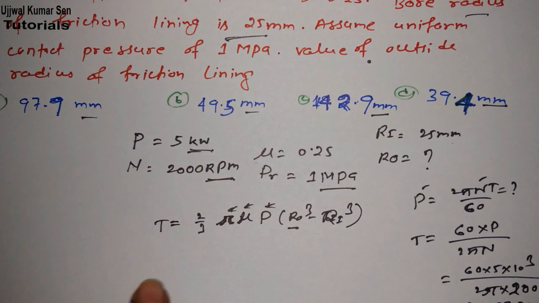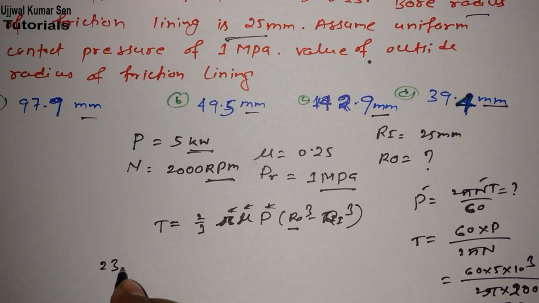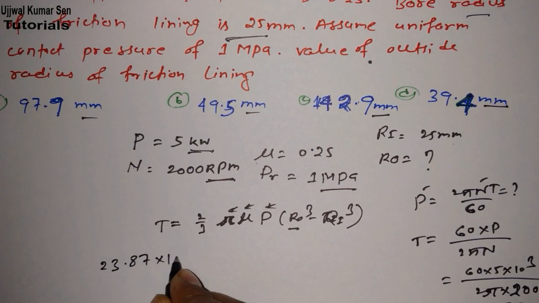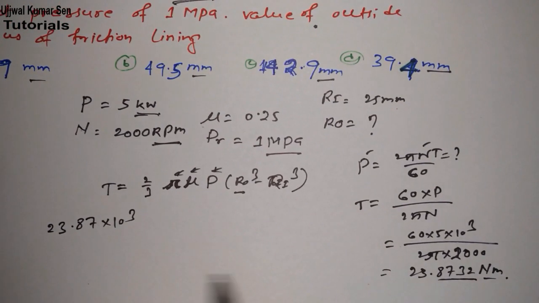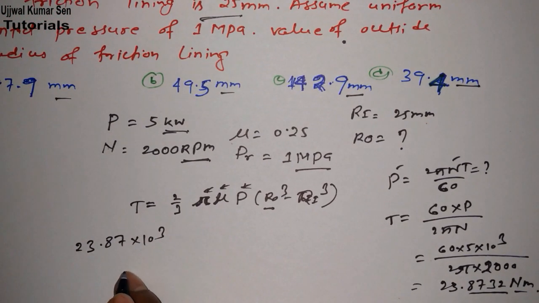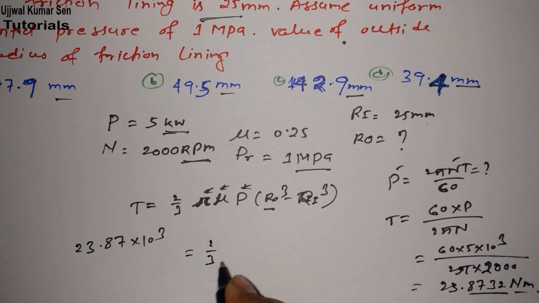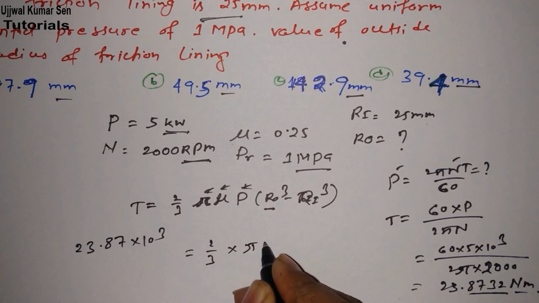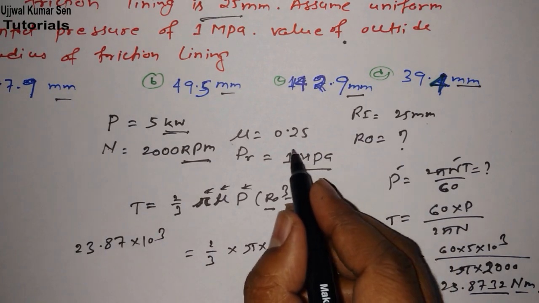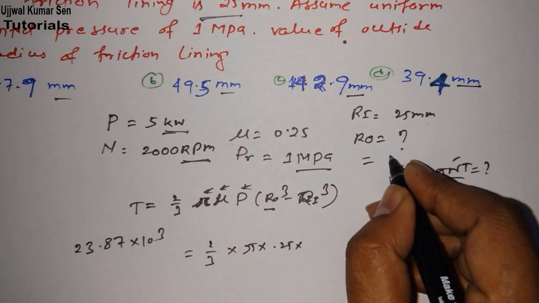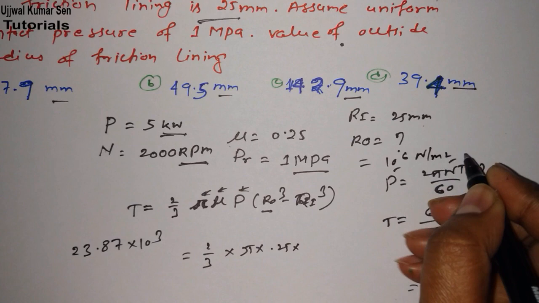So here 23.87 into 10 to the power 3, because here the meter is here, so I have to multiply this with 10 to the power 3. 2 by 3, pi is okay, no problem. Coefficient of friction, this. Oh yes, one more thing, megapascal means 10 to the power 6 Newton per meter square.